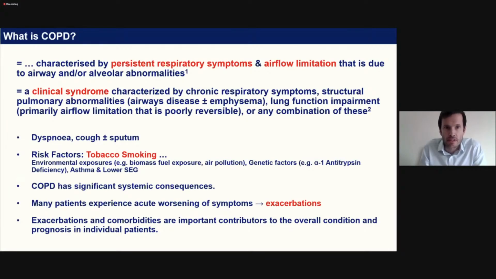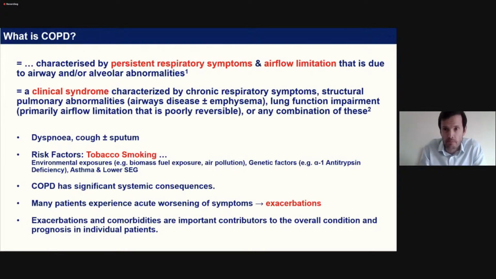So, what is COPD? Well, chronic obstructive pulmonary disease is traditionally defined as a preventable and treatable disease that is characterized by persistent respiratory symptoms and airflow limitation that is due to airway and/or alveolar abnormalities.